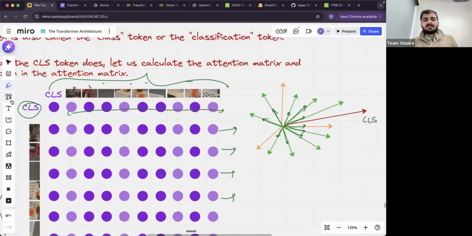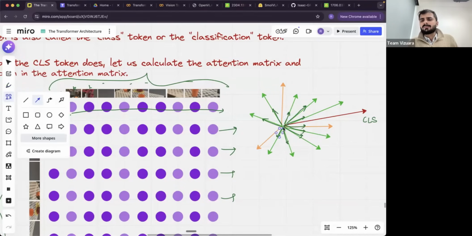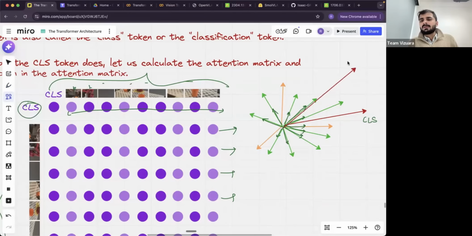To calculate this final context vector, we require access to all these green vectors, which means that we require access to all these patches. And we are taking a weighted average of all these patches and creating a final context vector. So this is how the CLS token context vector is calculated.